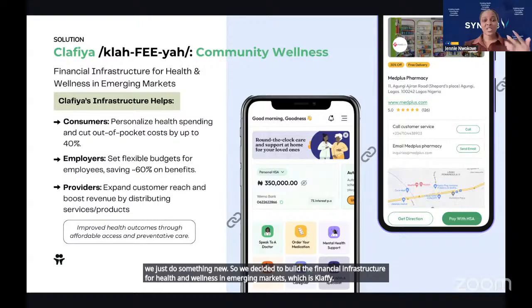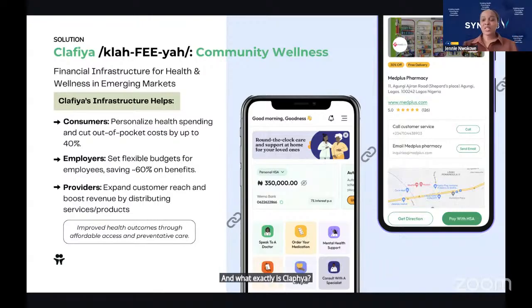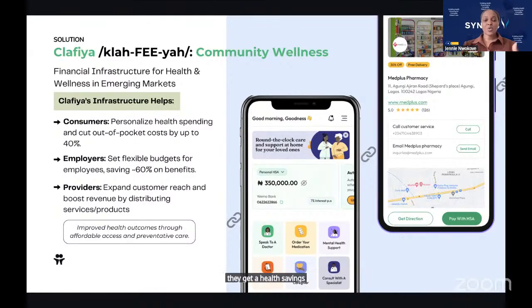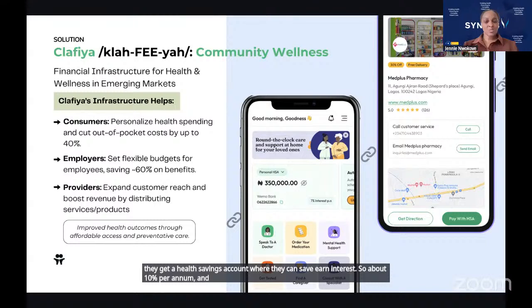And what exactly is Clafia? Clafia is a digital health and fintech platform that allows our customers to access affordable healthcare all on one platform. We do this in two ways. One, they get a health savings account where they can save, earn interest, so about 10% per annum, and use that money to pay for healthcare on our platform.